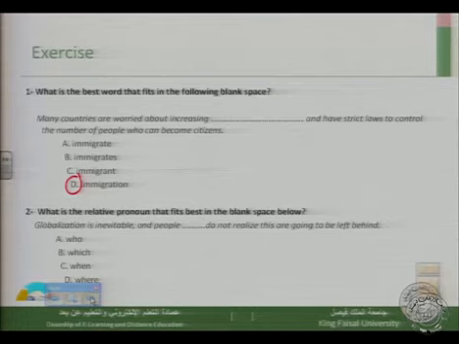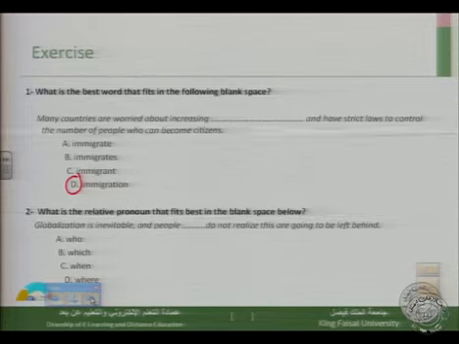Immigrates is also a verb that we can use with he, she, or it. Immigrant is the noun used with a person, and here we don't need a noun about a person, because increasing cannot be used with persons. It can be only used with things. The answer is D. Question number 2. What is the relative pronoun that fits best in the blank space below?